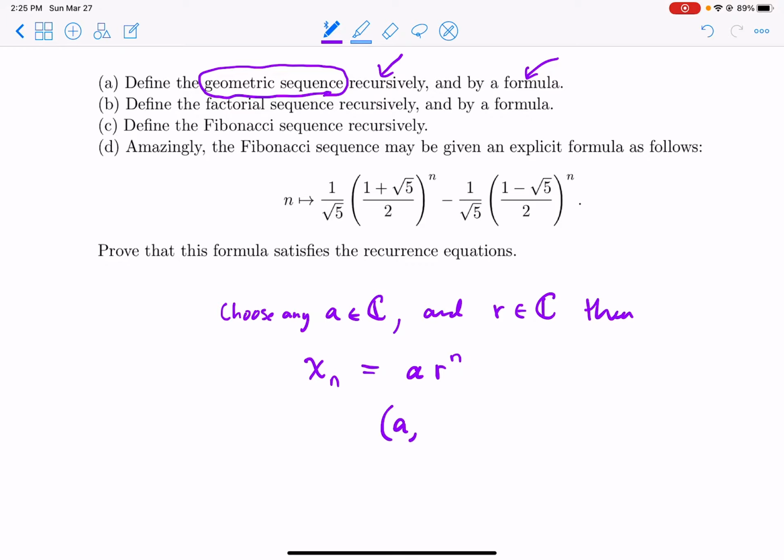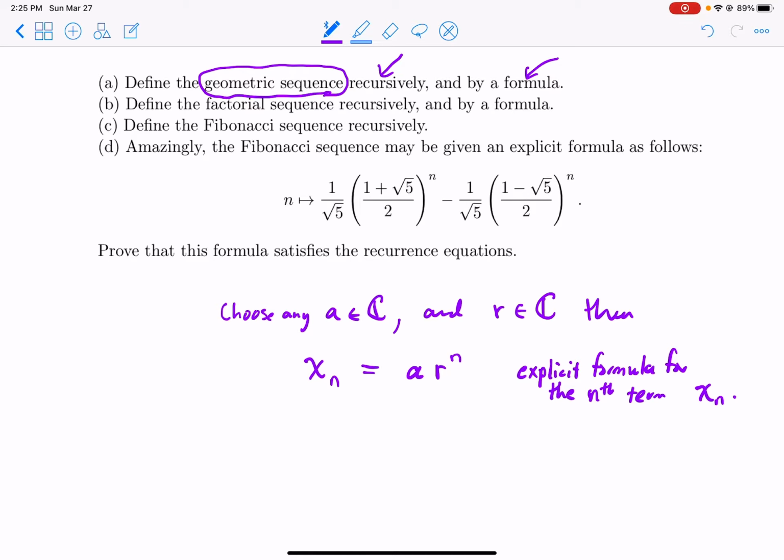Okay, and this gave the sequence AR, AR squared, AR to the third, AR to the fourth, etc. So this is the formula. This I would say is an explicit formula for the nth term x sub n of a sequence.